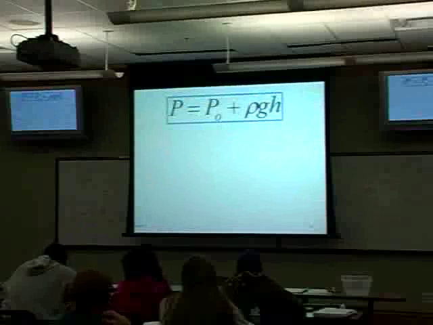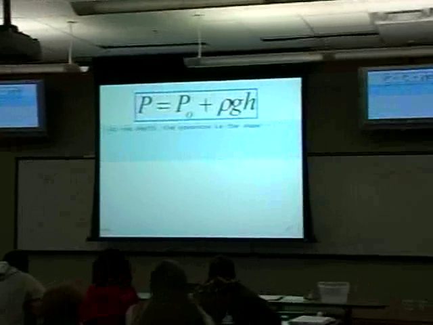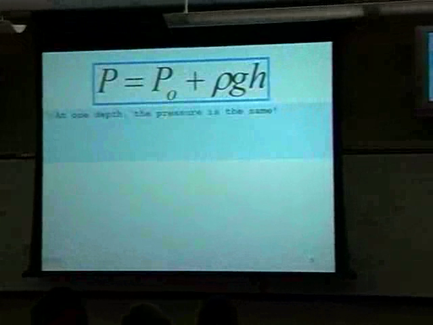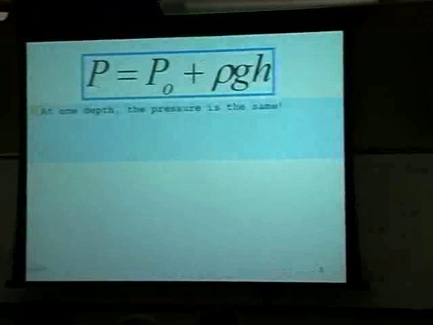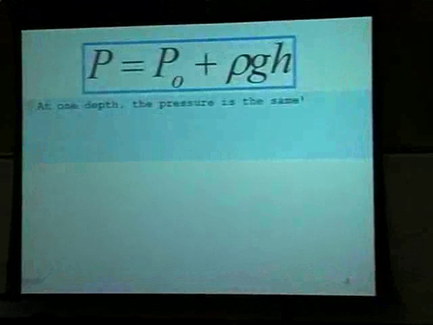This is a really interesting equation here. It relates pressure to depth. And one conclusion we would have of this, because we kind of did this in general, but it's true in general for any kind of situation we can imagine.